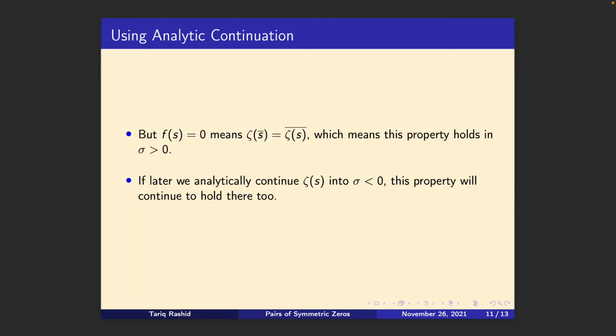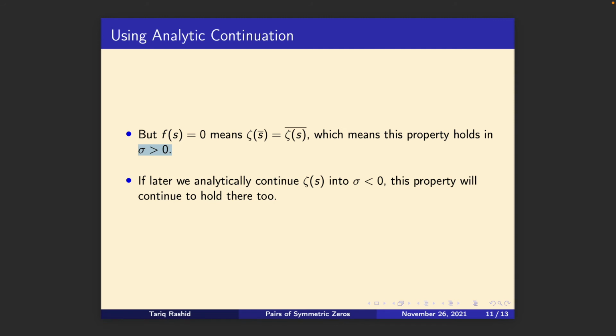So let's see why this continuation was useful. If that function that we constructed is 0, it means that zeta of s bar is the complex conjugate of zeta of s. It's how it was constructed. And that means this property holds in all of that extended domain.